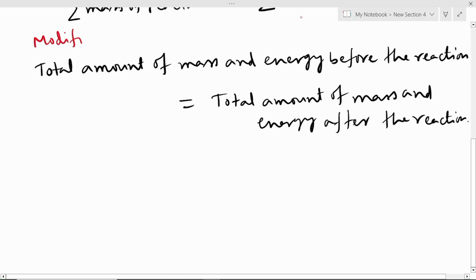This is the modification of that law, where we introduced the energy as well as the mass. Now this is better.